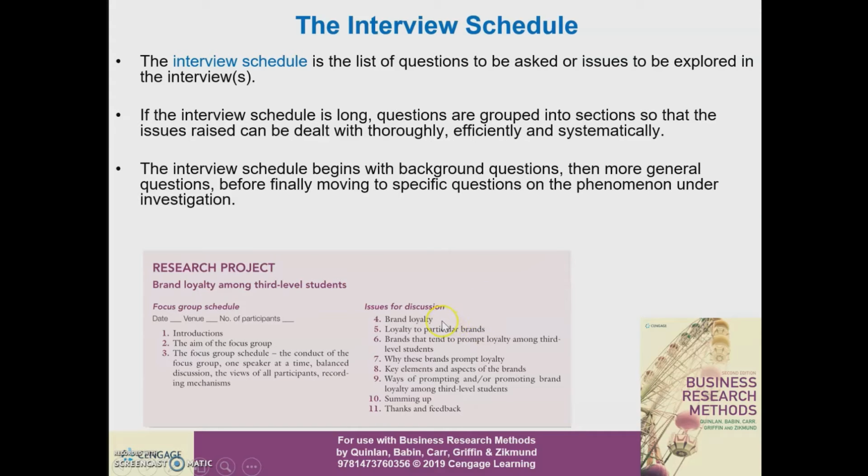It includes numbers 4, 5, 6, 7, 8, 9, and then we have an element where the moderator would need to sum up the whole discussion, thank the participants, and provide feedback on the whole interview.